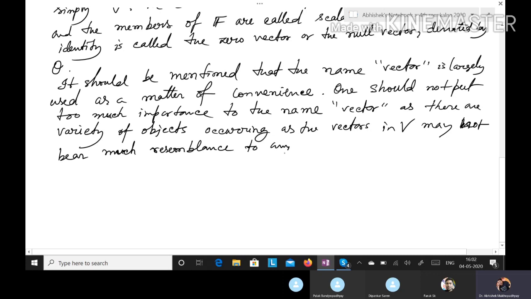Some students from physics may say that vectors mean magnitude and direction, but we are talking in a more general setting, so we do not need to put much importance on this name.